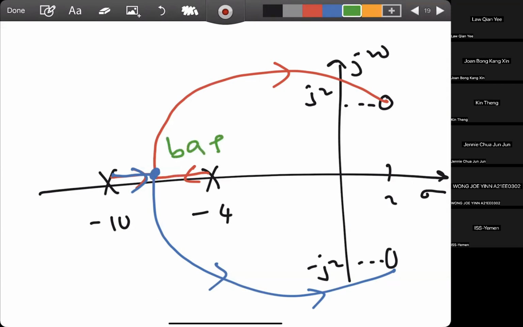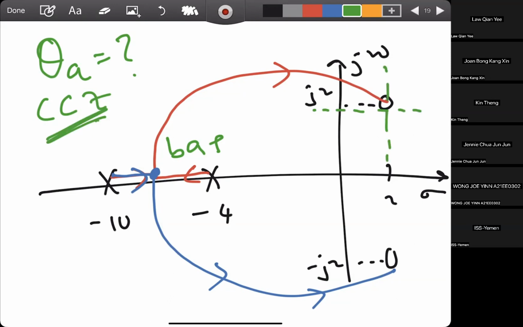Okay. So we want to find the arrival. Because why arrival? Because we have a complex conjugate zero.